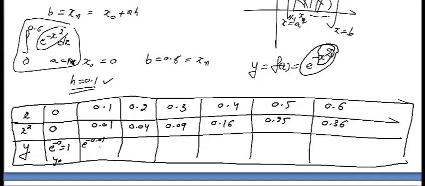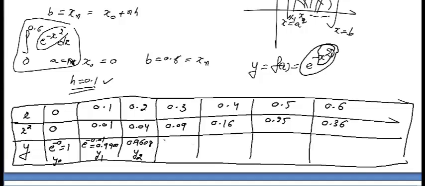You can take the help of a calculator. In every scientific calculator you will get the value of this. It will be 0.9900. This is the value of y1. Next value, e raised to power minus 0.04, will be 0.9608. This is y2.